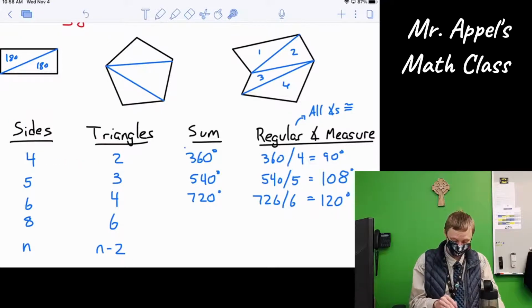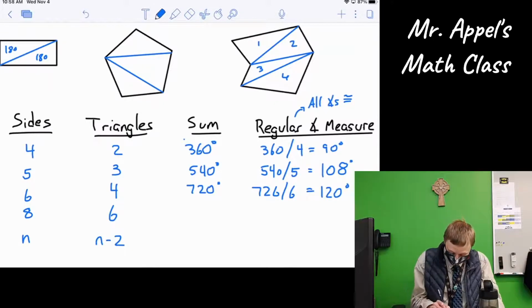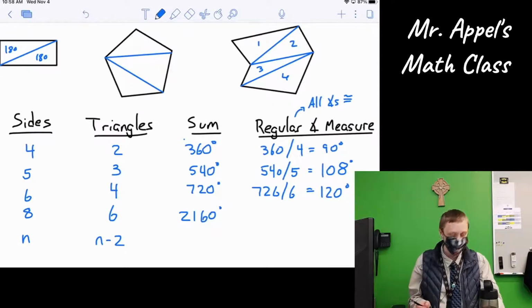So the sum in an octagon would be 6 times 180. 1,080. Yes, 1,080.